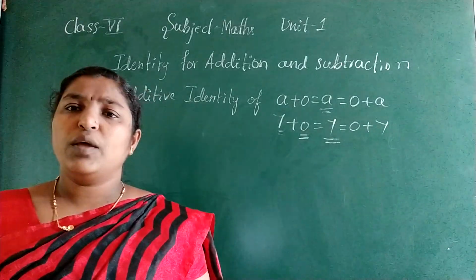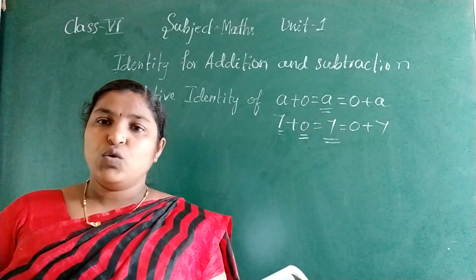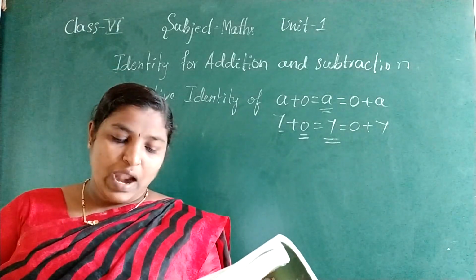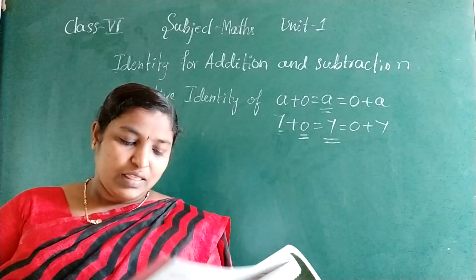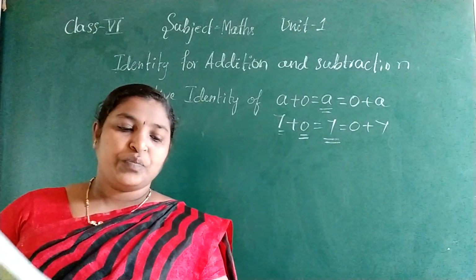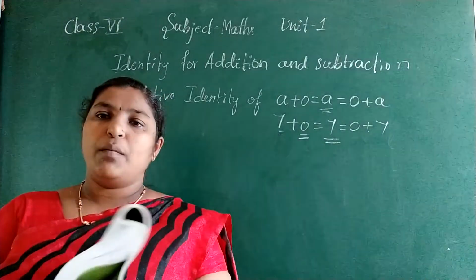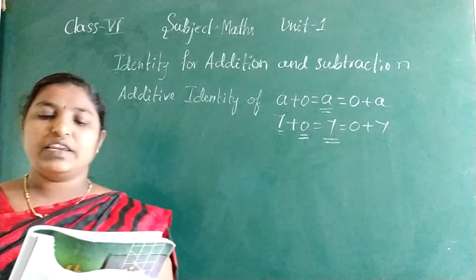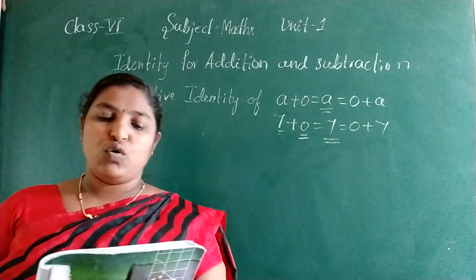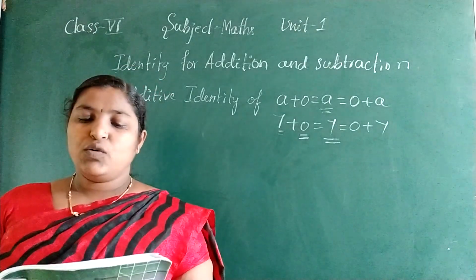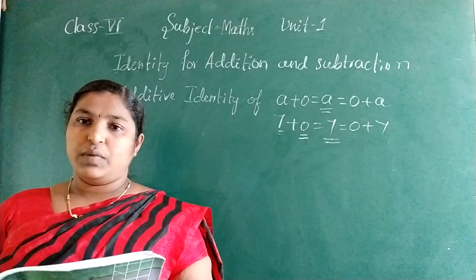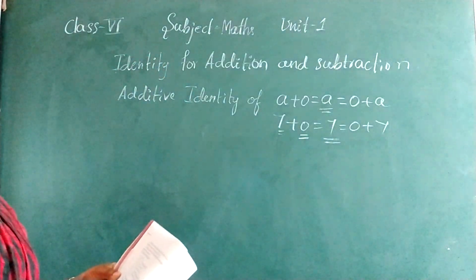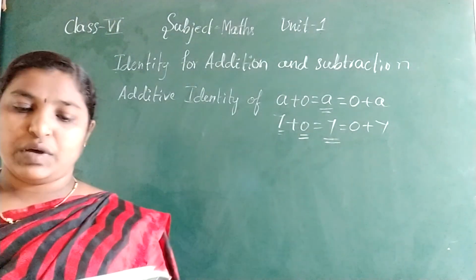Whenever you add 0 to any whole number, you get the same whole number as the sum. So 0 is called an identity for addition of whole numbers, or the additive identity for whole numbers.